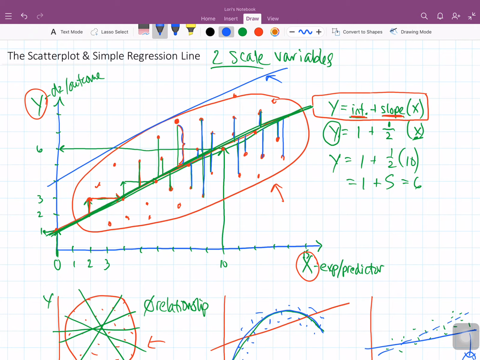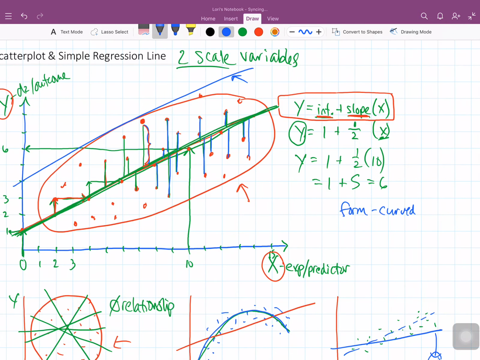First of all, we need to describe the form. And the form can be either curved or linear. And specifically with simple linear regression, we're looking for a linear shape.